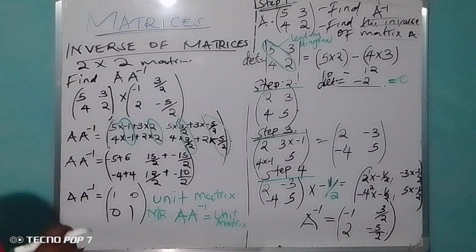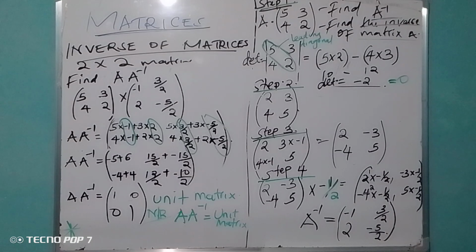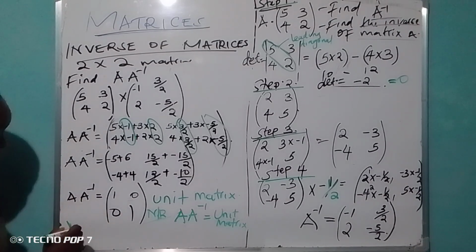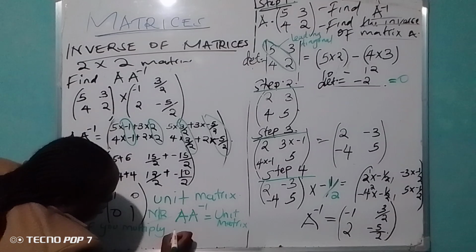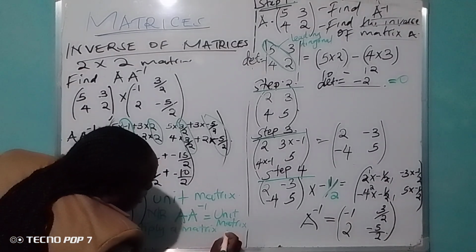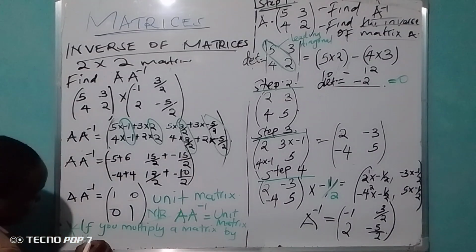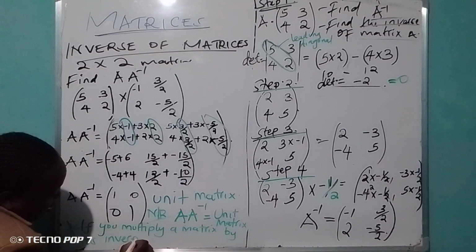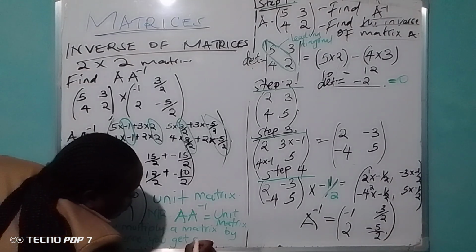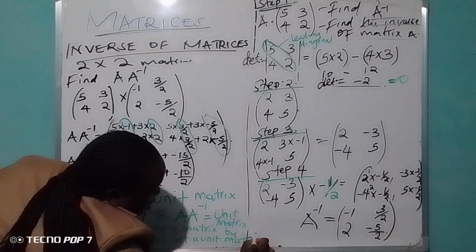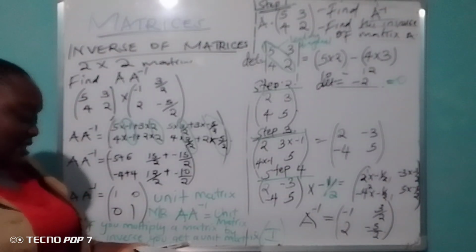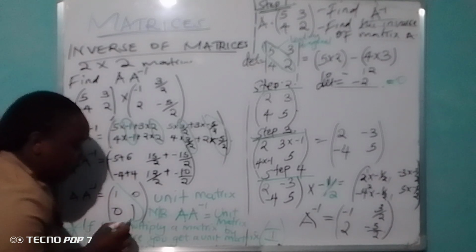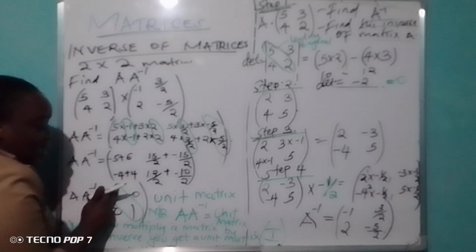Let me see if it fits there. If you multiply a matrix by its inverse, you get a unit matrix, denoted as I. A unit matrix is one where the leading diagonal is 1.